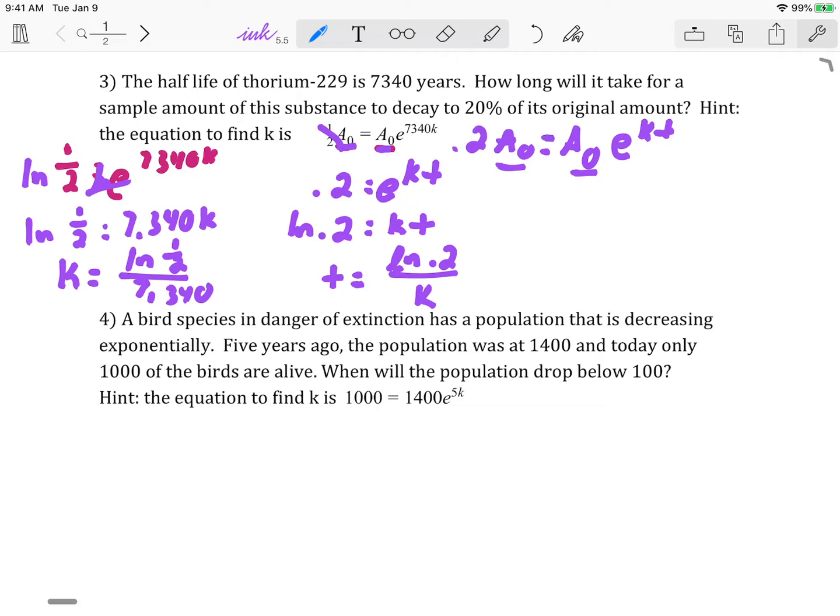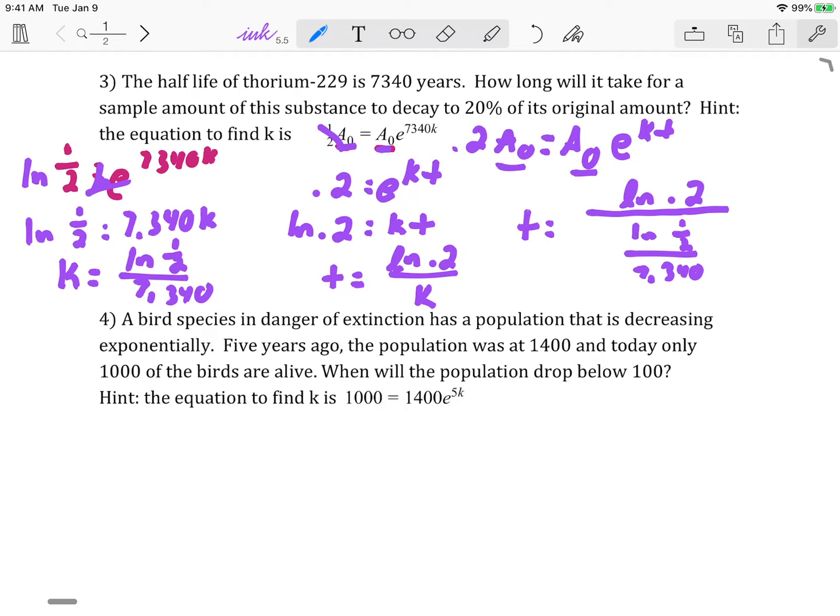Well, in my calculator, here's what I put in my calculator. So the natural log of 0.2 over K, and K was the natural log of a half over 7,340. And depending on what program you use, Desmos is the easiest to use when it looks like this. If you're putting it into your calculator, it might get a little messy.